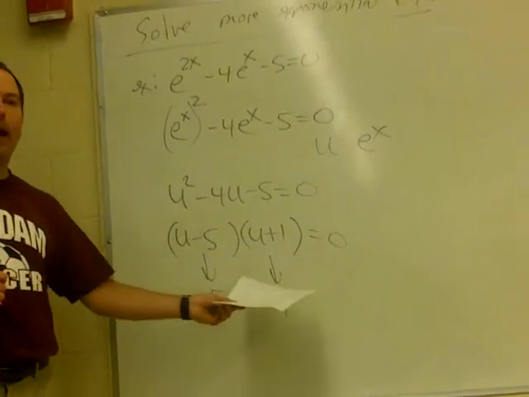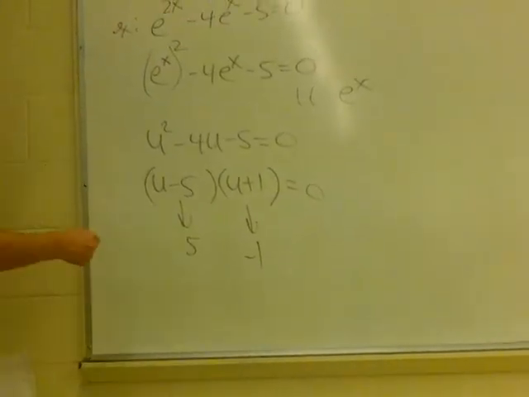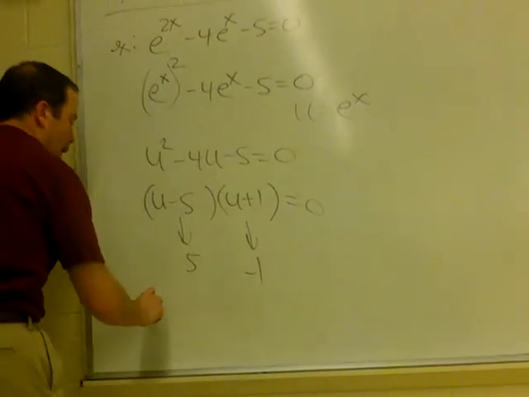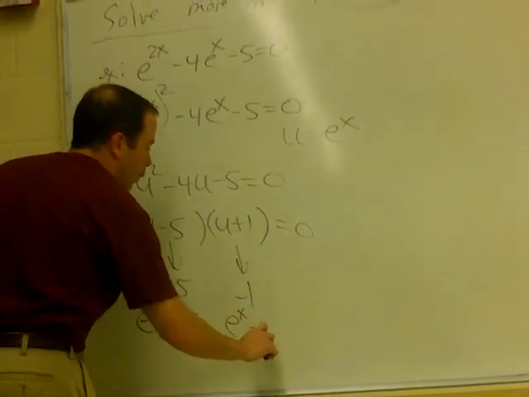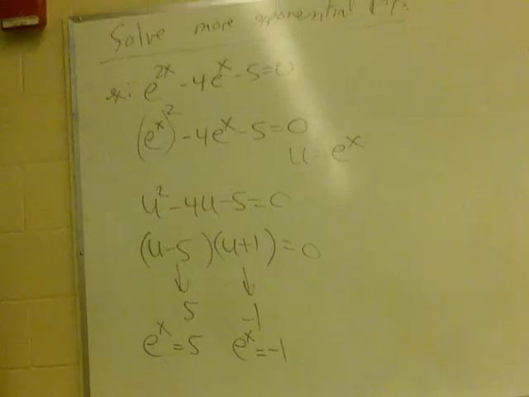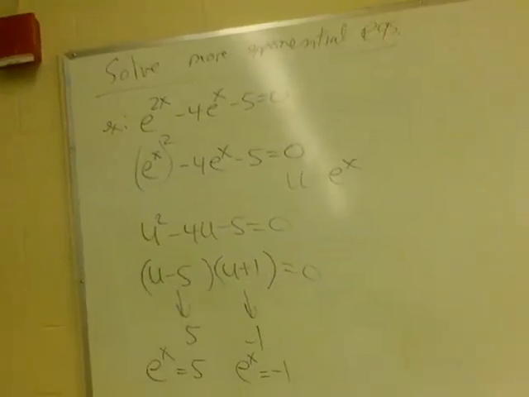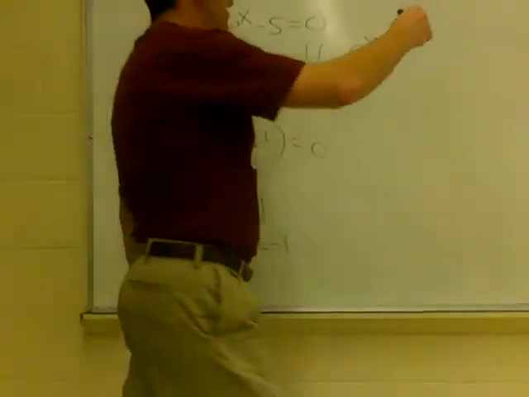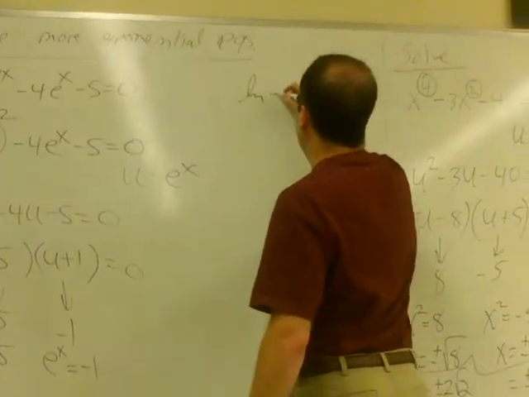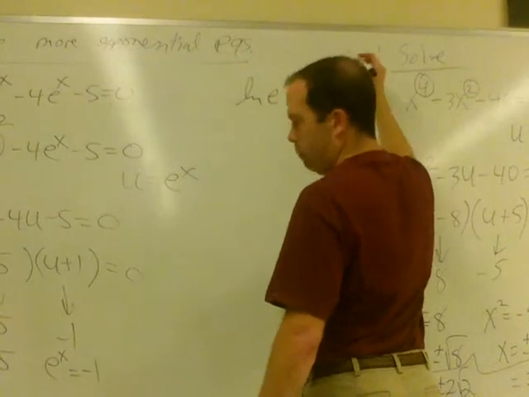All right, so u equals 5, u equals negative 1. Now we substitute back. So now we get e to the x equals 5, and e to the x equals negative 1. So then you ln this. We're going to ln this one right here, so we get ln e to the x equals ln 5.